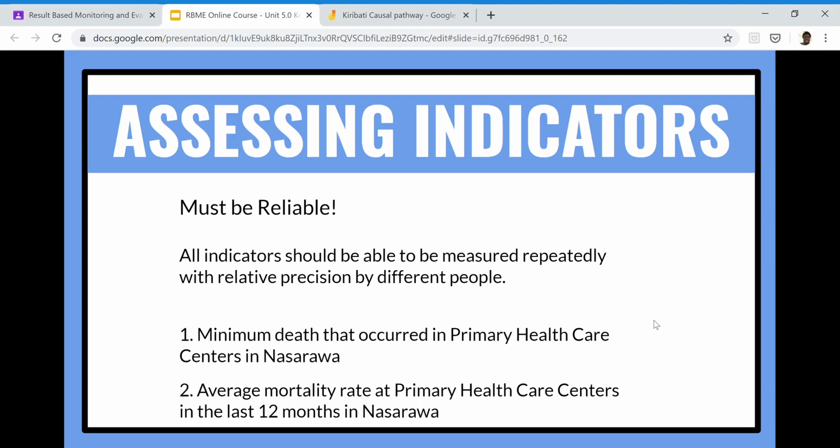But if you talk about the average, you can easily measure that, and not think about using routine monitoring data of one death, two deaths in a day, or three deaths in a day, but you can actually use the average.